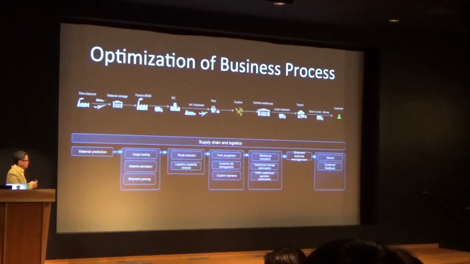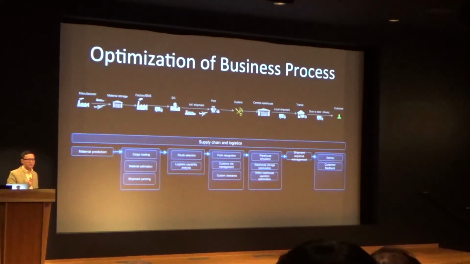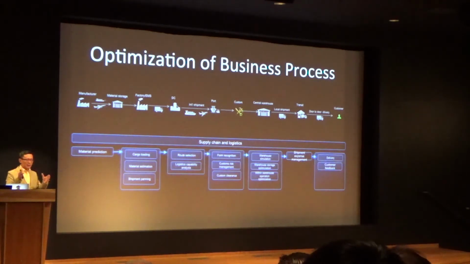But when we work on these for Huawei, we are facing two problems. The first problem is that the supply chain is a whole chain. Optimizing one step can help, but cannot solve the whole problem. For example, when you do the cargo planning, you assume you are given a set of boxes to put, right?